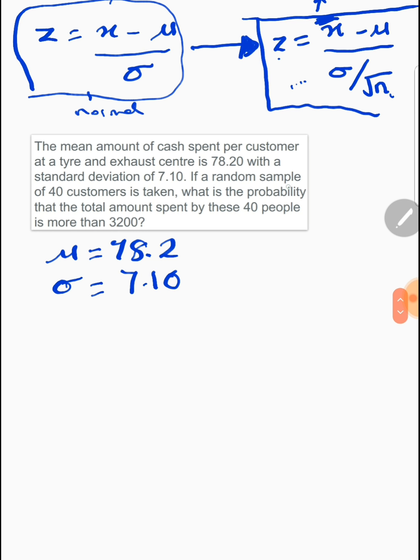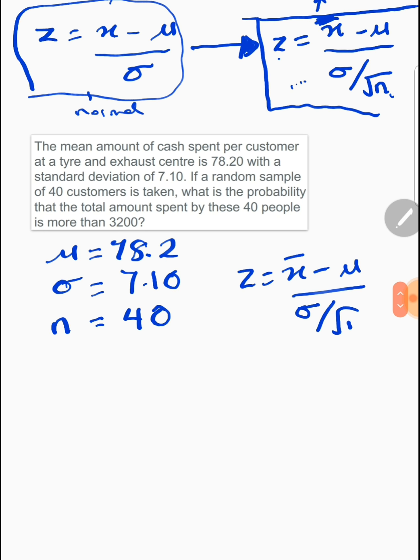So this is the keyword here: random sample of 40 customers is taken. So in this case, your sample size is actually 40. So this applies to the formula that we need to look at, which is x bar minus mu over sigma over square root of n.